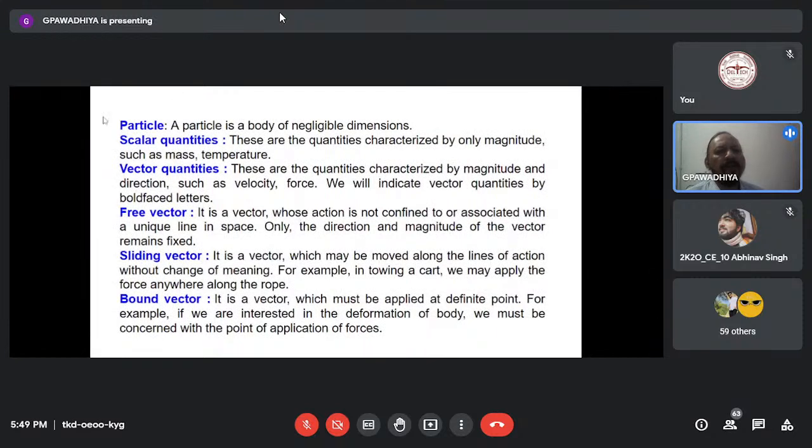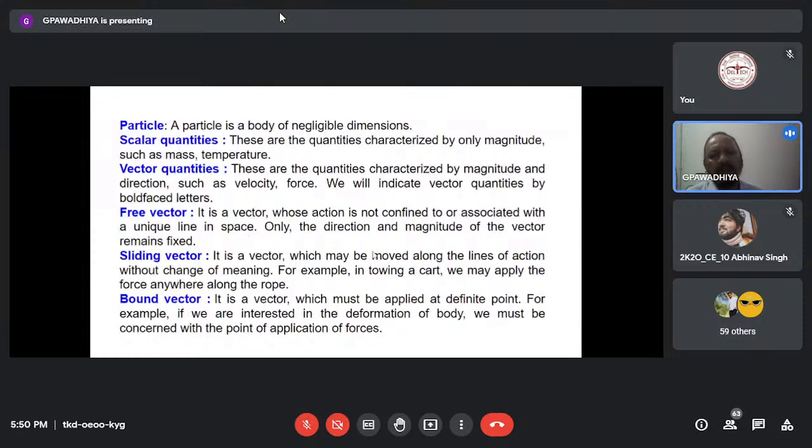So we define here scalar quantities, vector quantities, and the free vector. Free vector is a term used when it is not associated with a unique line in space. A point of application may be there, but it's not on a particular unique line.